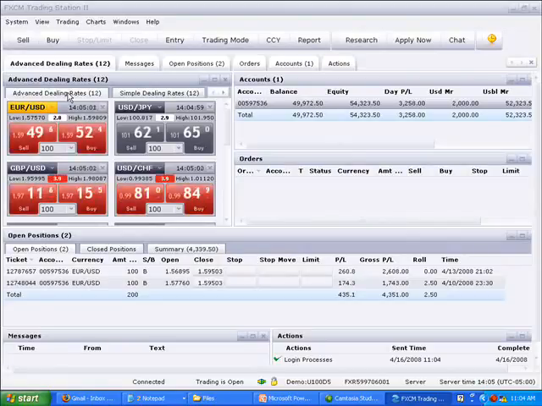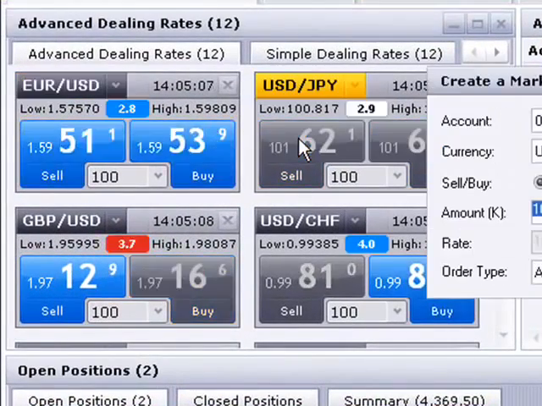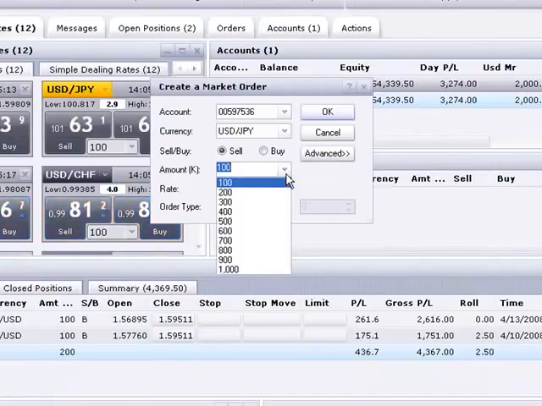Once logged into the demo trading platform, choose the currency pair that you want to trade and click on the dealing rates window to bring up the market order box. Once you have this box up, you should see here in the market order box an amount K line, which defaults to 100, which means 100,000 of the base currency.